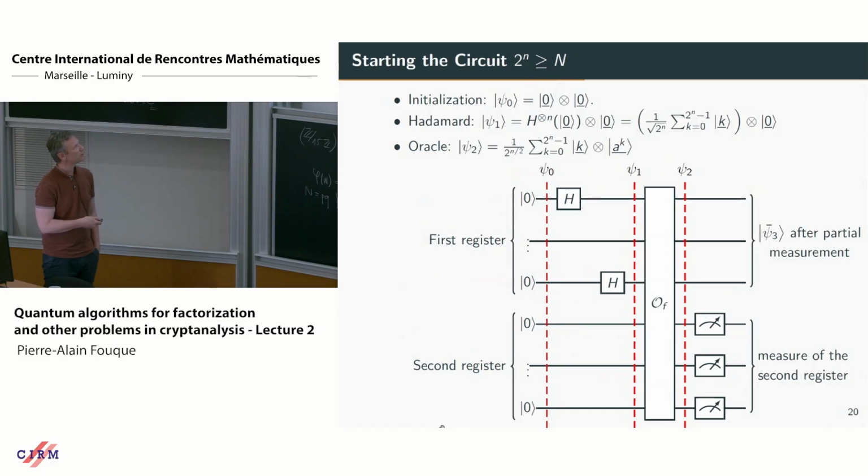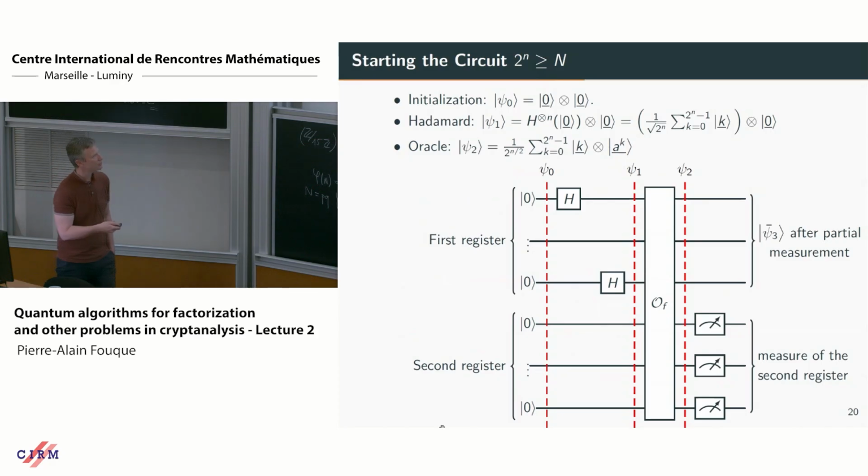So the circuit is exactly as we did this morning for Simon's algorithm. We begin with all 0 for the first n qubits. We apply Hadamard. At this point, we have a superposition of all states, which is what is written there, and the second register contains only 0. I apply the function f, and so I get, after the oracle, this state: I have k here, and here a to the k mod n.